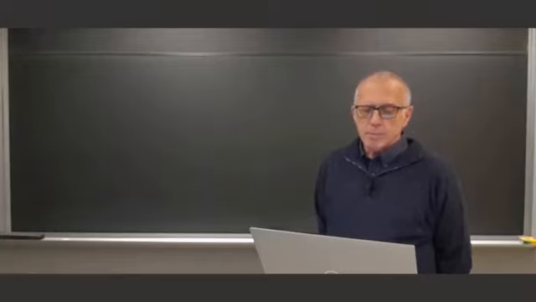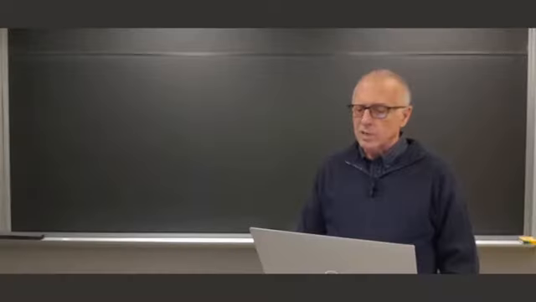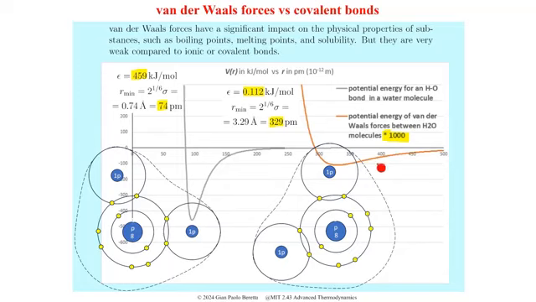And the values of the Lennard-Jones parameters for atomic bonds, bond energies, are at least 3 orders of magnitude stronger than the van der Waals forces. They're all electrostatic forces, but the ones that you need in order to form this bond are much stronger.